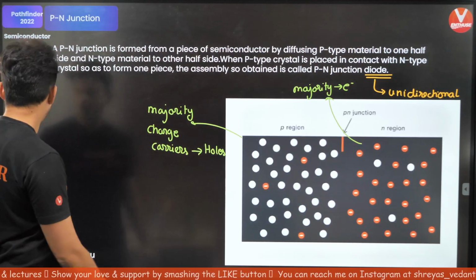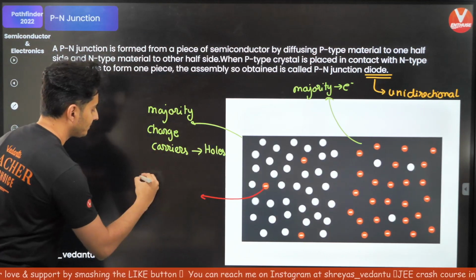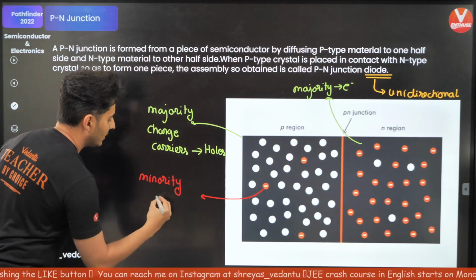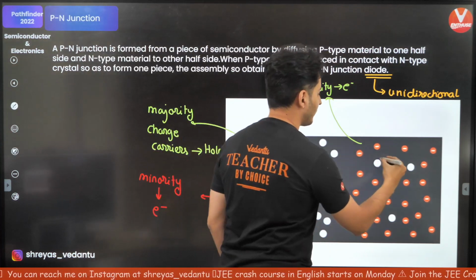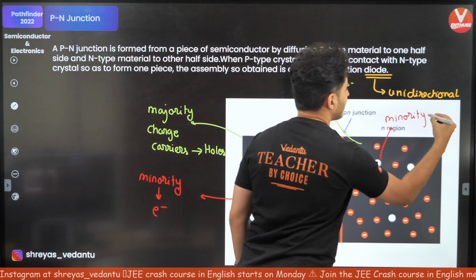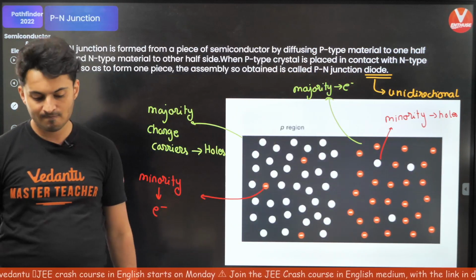In the same way, I can also talk about the minority. You can see that right over here. Minority is nothing but your electrons, and the same way over here, the minority is nothing but the holes. Okay, very few of them.